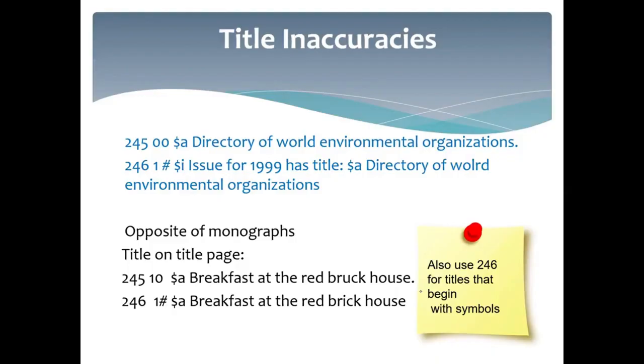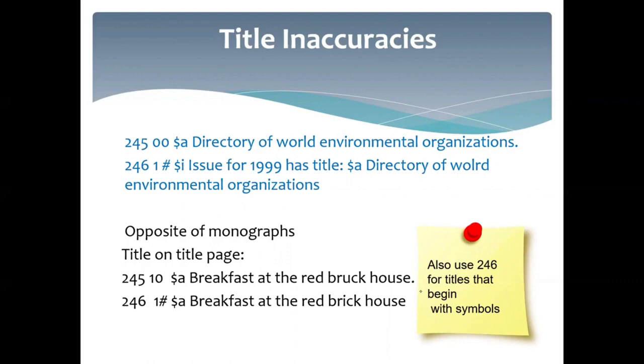But that's something you're going to have to investigate. But if it's just one issue, or an issue here and there, maybe they've used the wrong template and sometimes it gets out misspelled, then you're just going to record the 246 for whichever's incorrect.